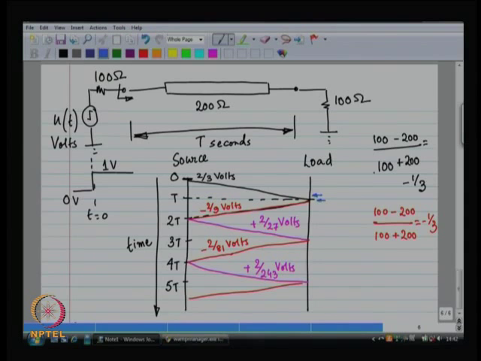Right after the voltage waveform has reached and the reflection has taken place, the voltage at the load is going to be 2/3 minus 2 by 9. Okay, I sum all the waves. So, the voltage wave that has reached plus the voltage wave that has reflected, and that gives me 4 by 9 volts.